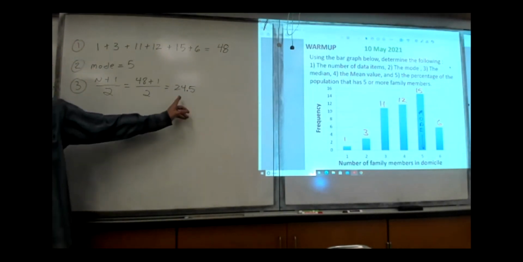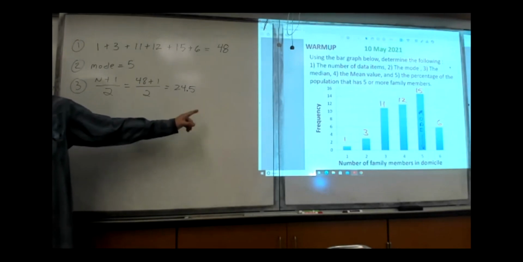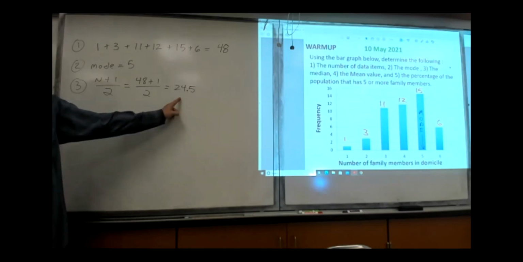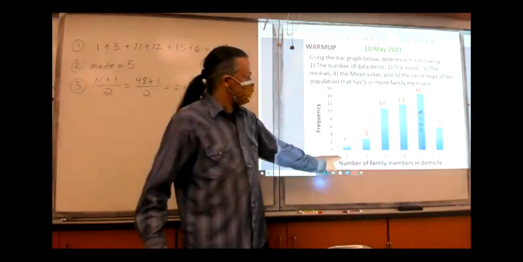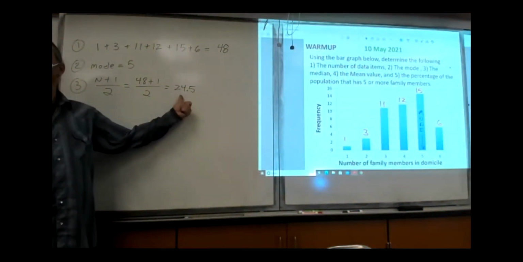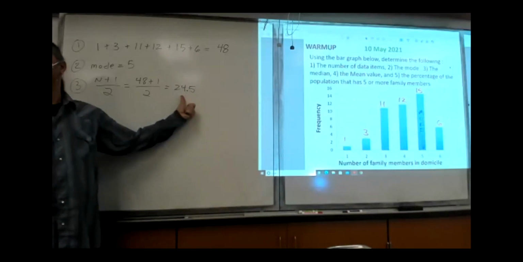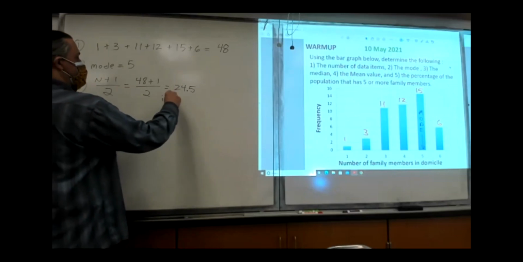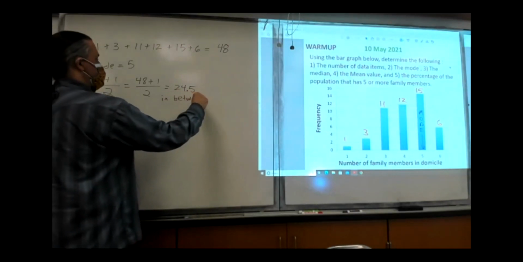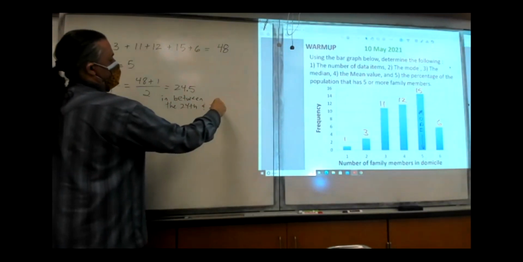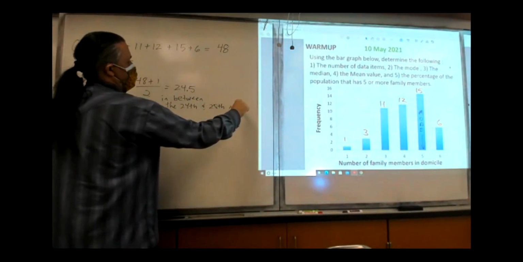And this is where the median is located once we have the 1s, 2s, 3s, 4s, 5s, 6s put in order, which we could do if we had to. But it's really unnecessary because we can just look at this bar graph and figure out in which bar we would be in between the 24th and 25th number.